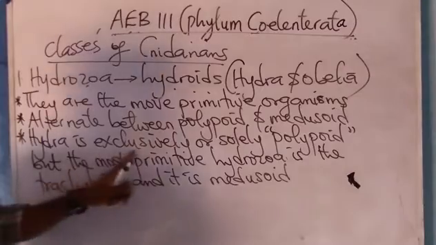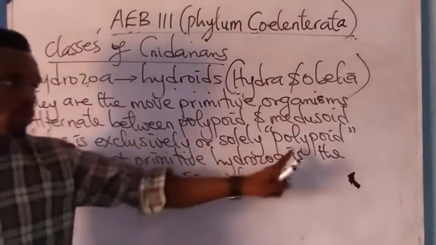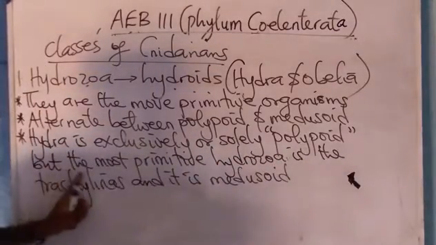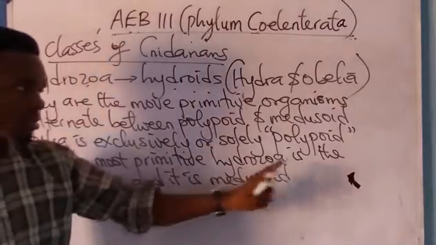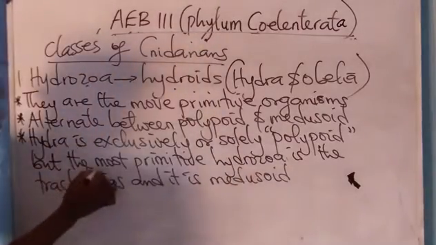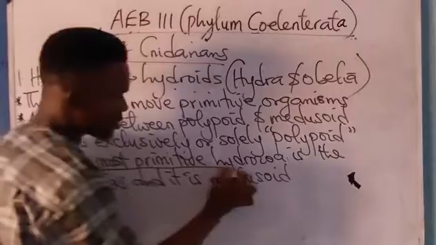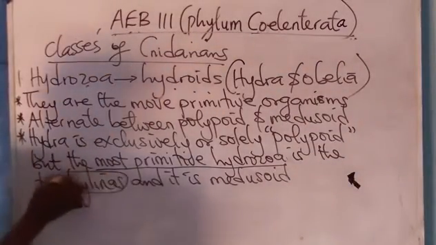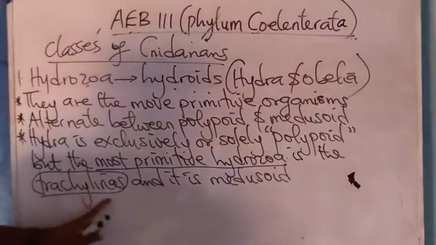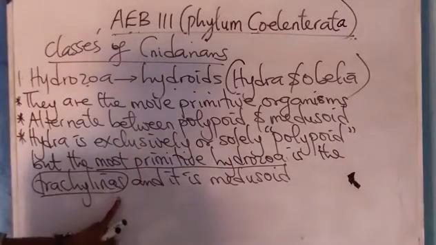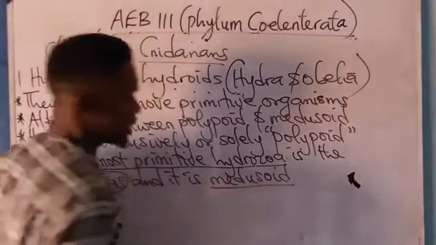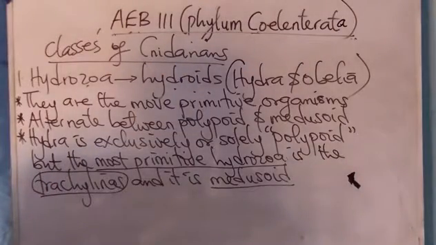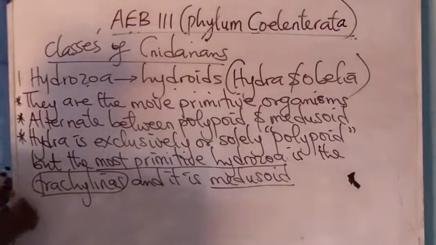Now, hydra is exclusively or solely what? Polypoid. But please, which of these is the most primitive hydrozoan? It is what? Trachylinae. The Trachylinae are the most primitive and they are medusoid in form. Take note of that.